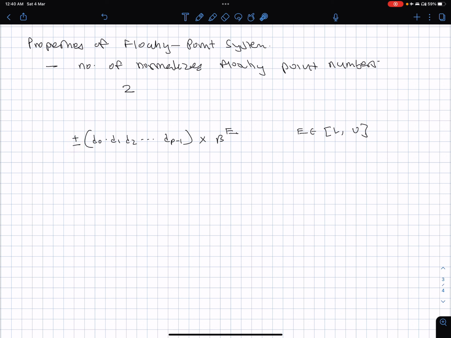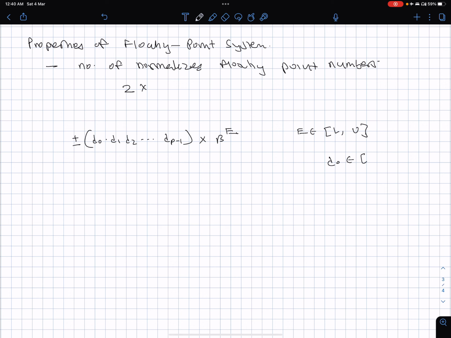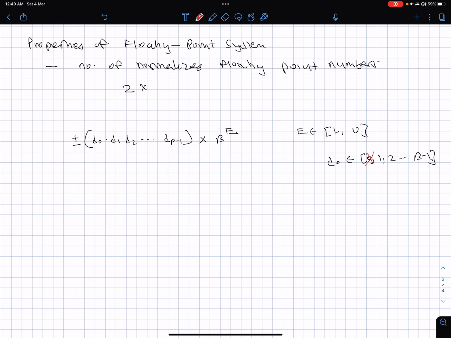Then the choices for D0: strictly speaking, you can have it from 1 up to beta minus 1, but 0 is not possible in the normalized system. This choice is out. In the normalized system, 0 is not possible because the leading digit has to be non-zero. So how many choices are available here? Beta minus 1.